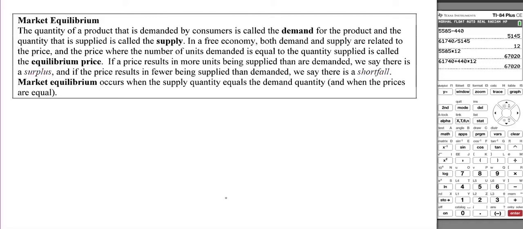If a price results in more units being supplied than are demanded, we say that there is a surplus. And if the price results in fewer being supplied than demanded, we say that there is a shortfall. Market equilibrium occurs when the supply quantity equals the demand quantity and when the prices are also equal.